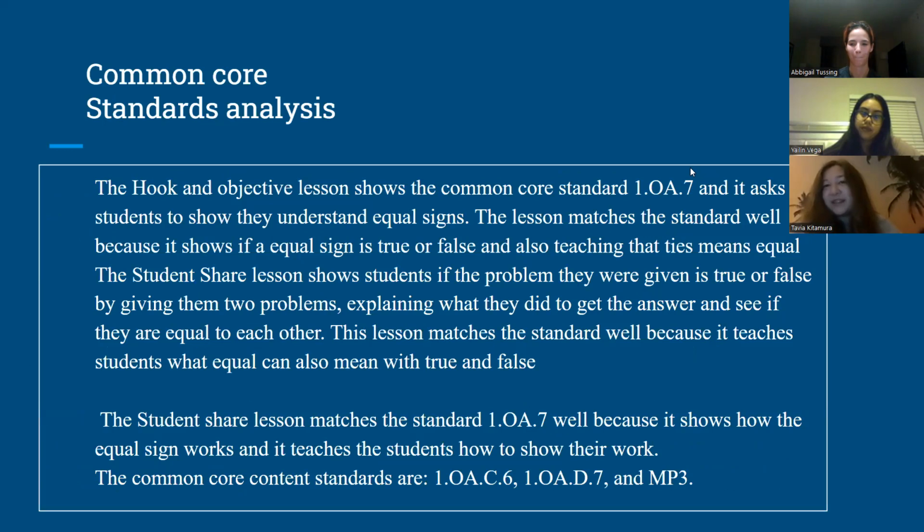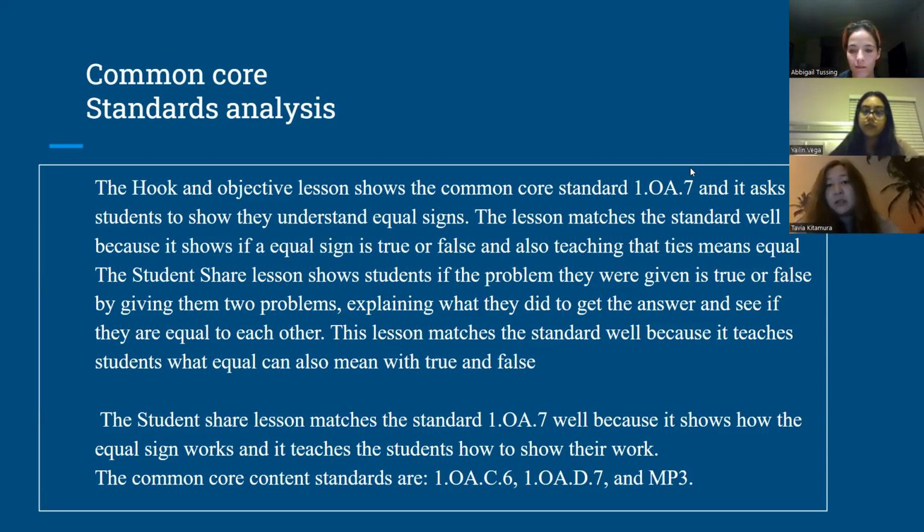Common Core Standard Analysis. The hook and objective lessons show Common Core Standard 1.OA.7, which asks students to show they understand equal signs. The lesson matches the standard well because it shows whether an equation with an equal sign is true or false, and teaches that ties mean equal.